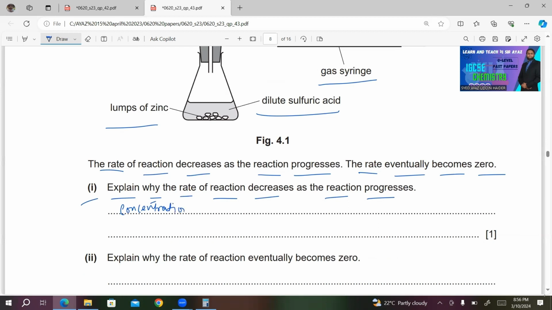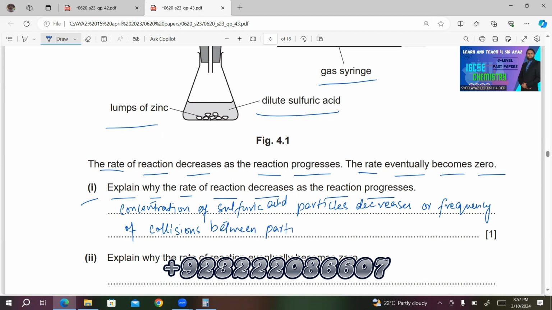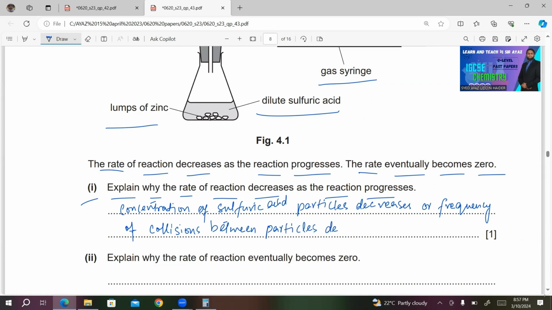Concentration of sulfuric acid particles decreases, or frequency of collisions between particles decreases.